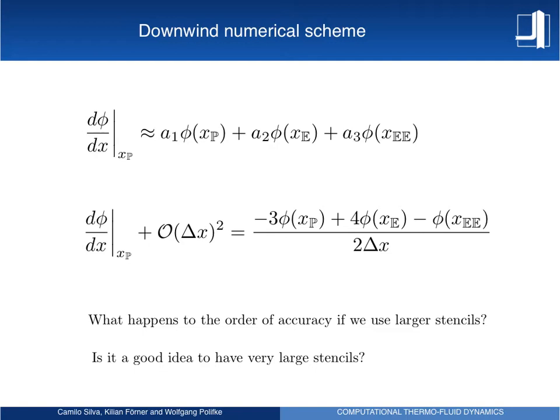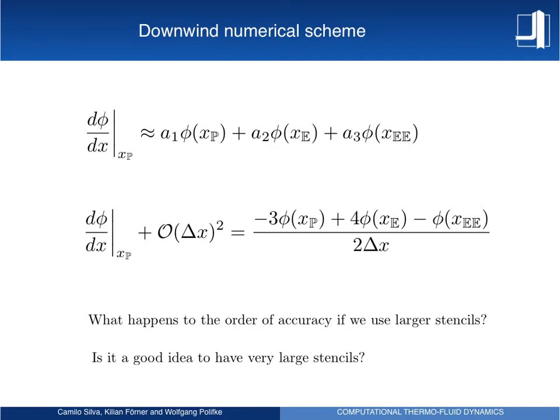Now, you can presume that if you add an additional equation, so if you have additional information from an adjacent node, let's say, for example, here xEEE or something like that, then you will be able to increase the order to third, and eventually to fourth, to fifth, if you actually keep increasing nodes in the vicinity.